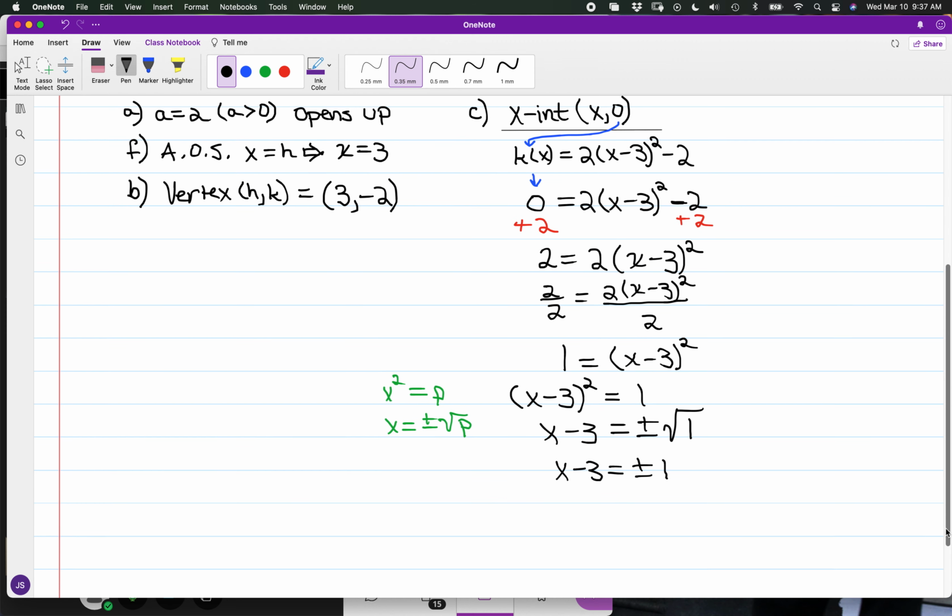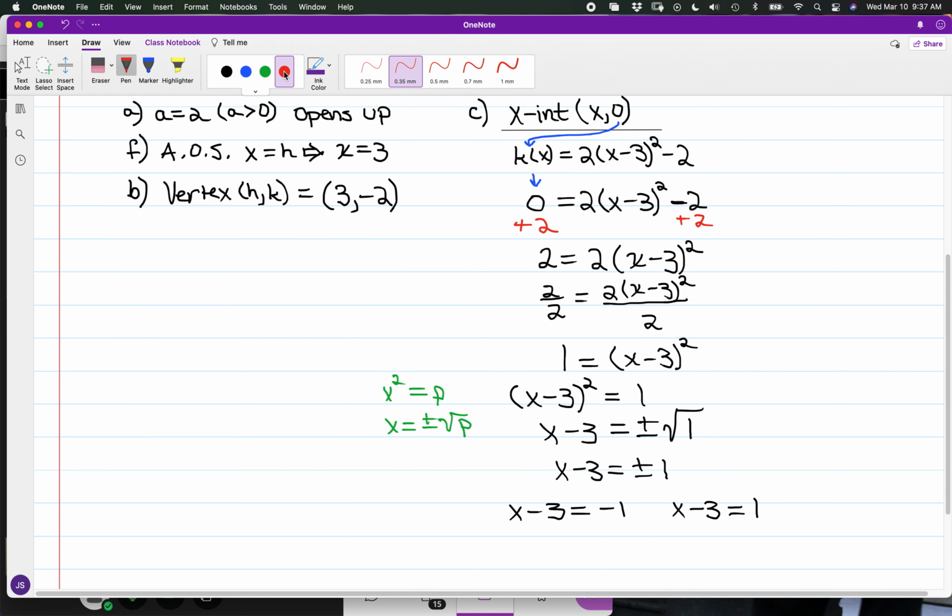And so we have 2 outcomes here for x. One is going to come from setting x minus 3 equal to negative 1, and at the higher end, we have x minus 3 is equal to positive 1.